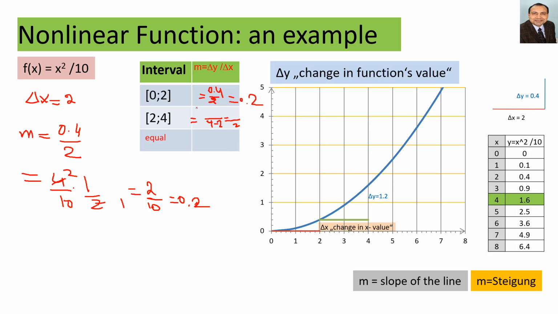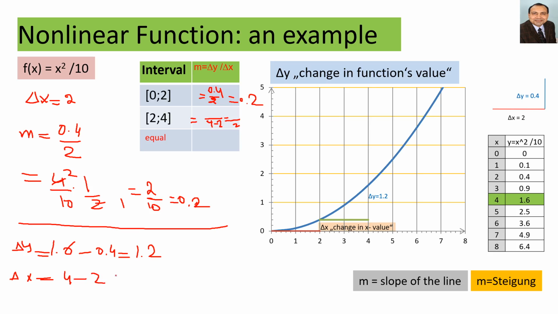So for this interval, 1.6 minus 0.4 equals 1.2. This was the change, or difference, in y. The change, or difference, in x equals 4 minus 2, which is 2.